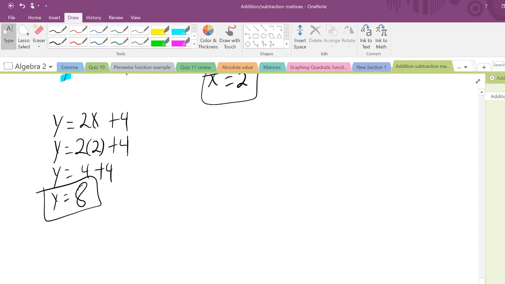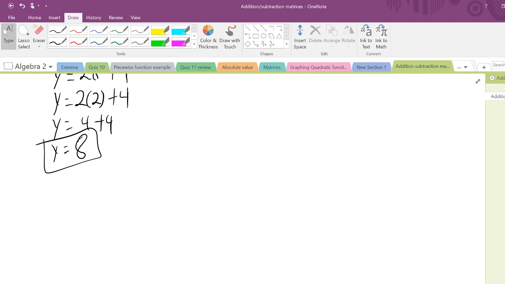Now we're going to be doing something different. We're going to be doing the addition of matrices.